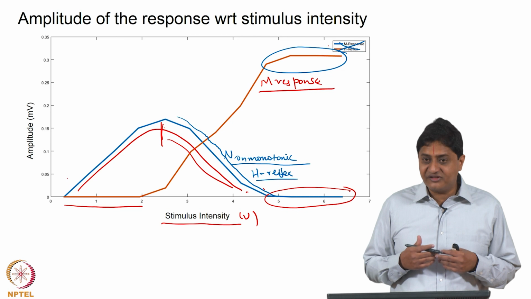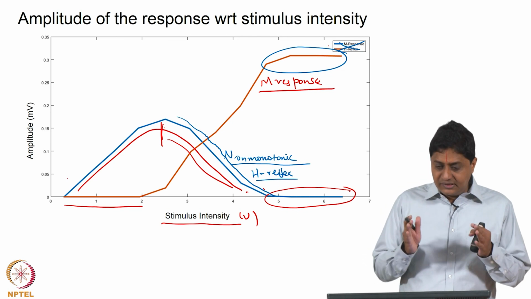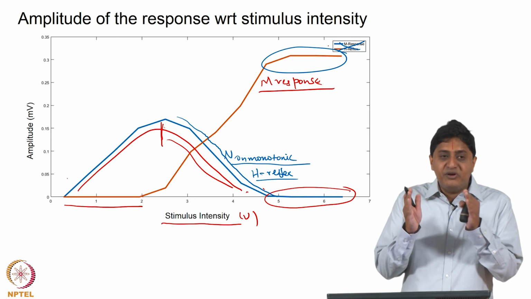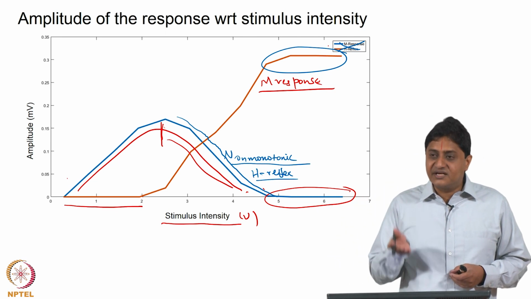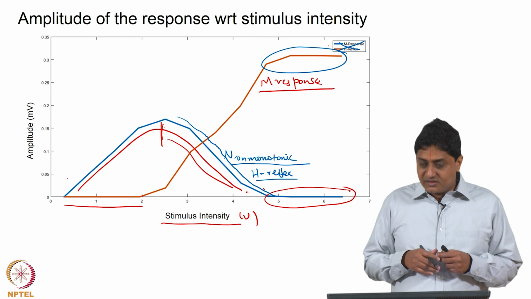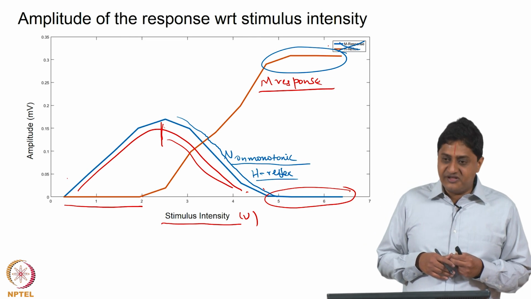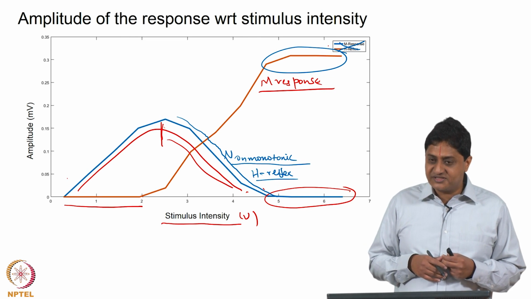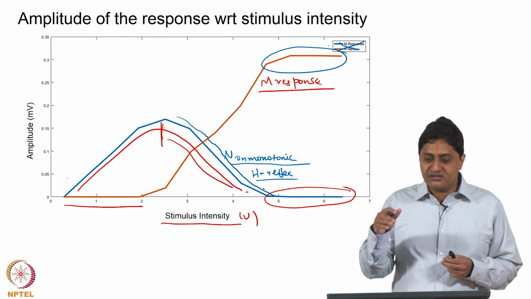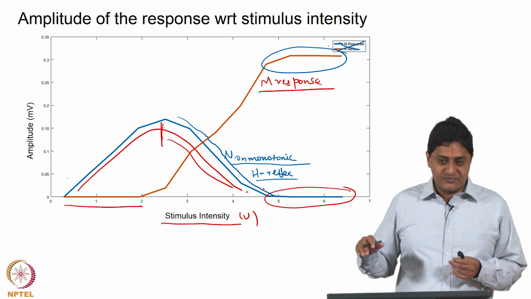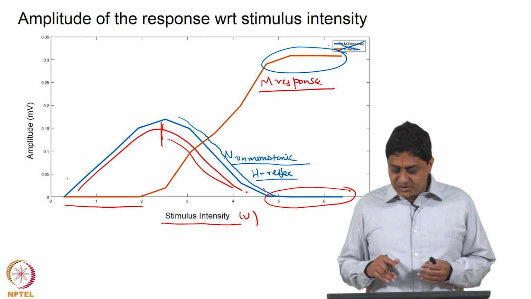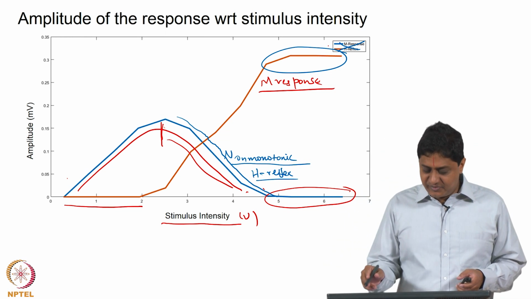The only thing that I can do after that is keep reducing the time between the stimuli, for example. And we also saw what could happen if I increase the frequency of stimulation. If I increase the frequency of stimulation, the H reflex amplitude keeps reducing after some time, right. Why? Because of similar mechanisms.